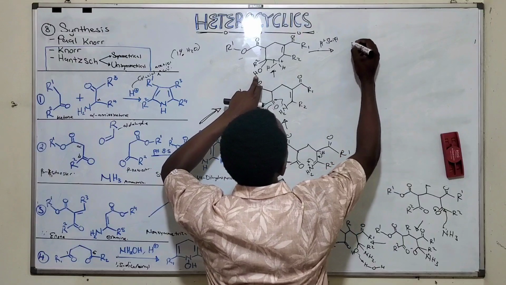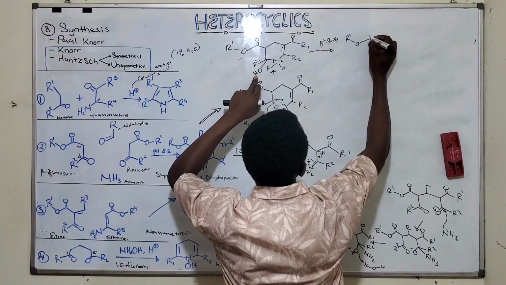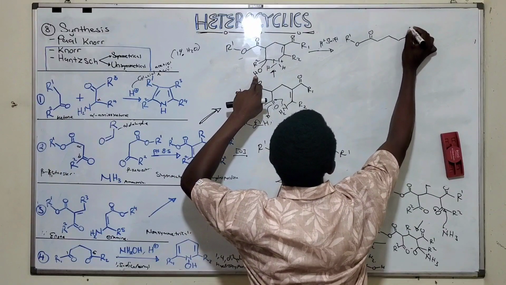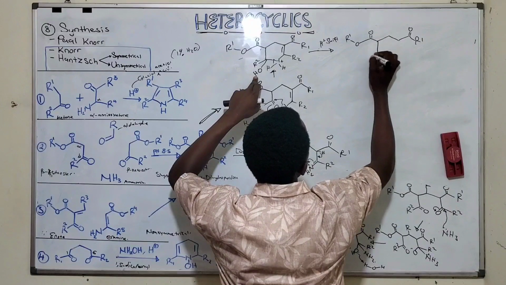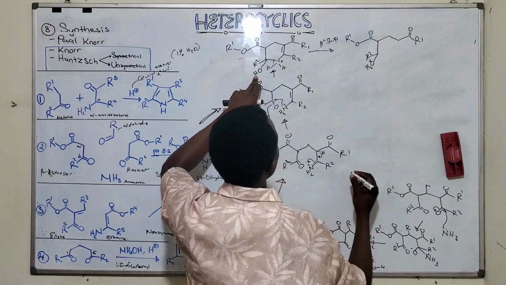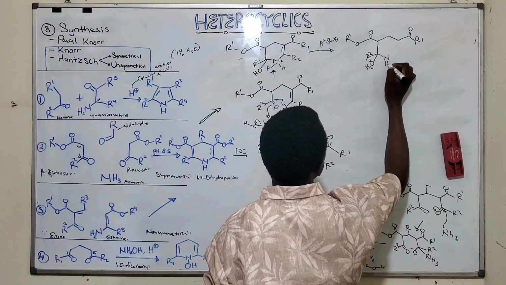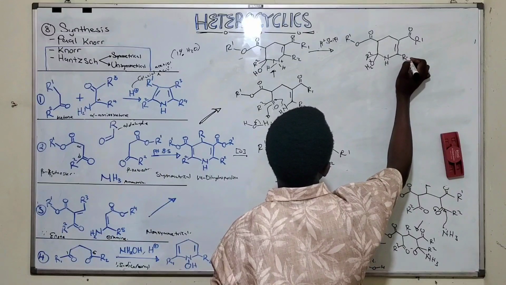So we form R1, another R1, you have R2 and OH2. It is now plus. Then NH, double bond, and R2.